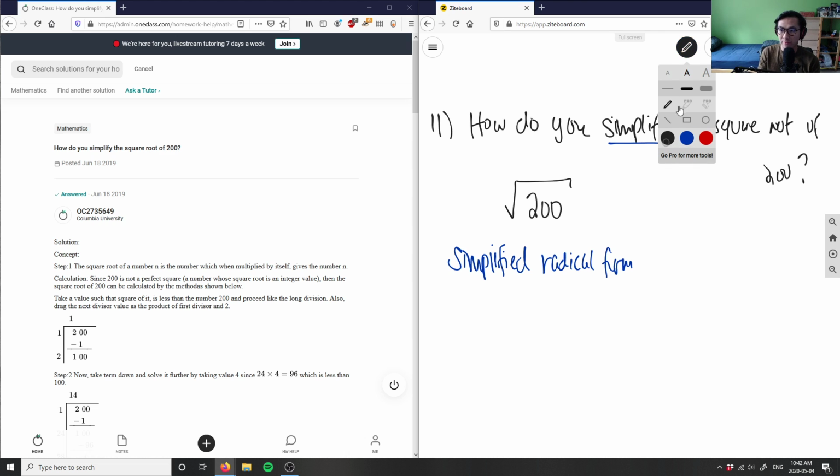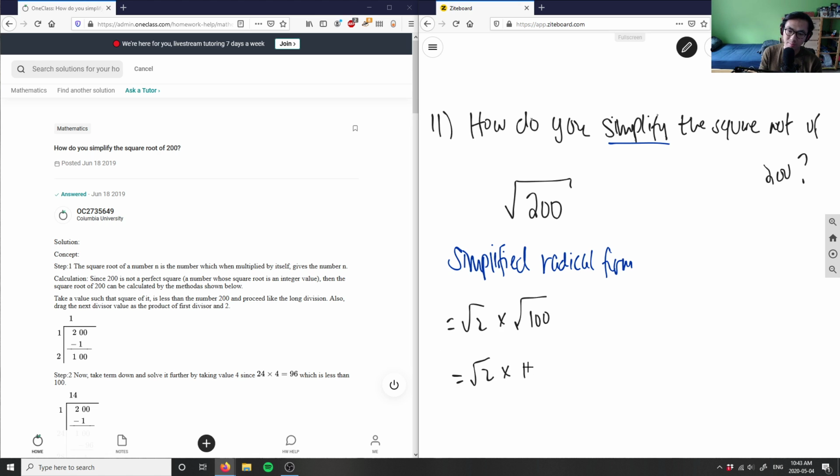So let me just do that first. Again, I'm finding the prime factors of 200, right? I know 200 here is an even number, so I'm going to take root 2 out here. And dividing 200 by 2 here gives me 100. And I actually know that the root of 100 here equals 10. So then I simply have root 2 times 10 here. Or I can say here, it's simply 10 root 2.